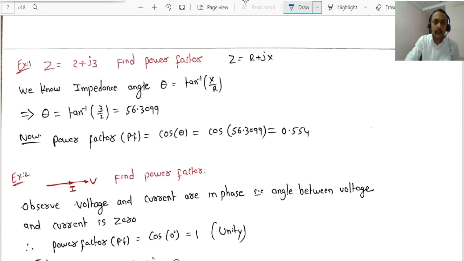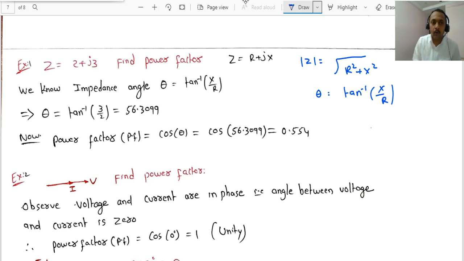Now from impedance also we can tell. Do you remember impedance Z equal to R plus jX? Mod Z is root over R squared plus X squared, and theta equals tan inverse of X by R. This angle theta represents the power factor.